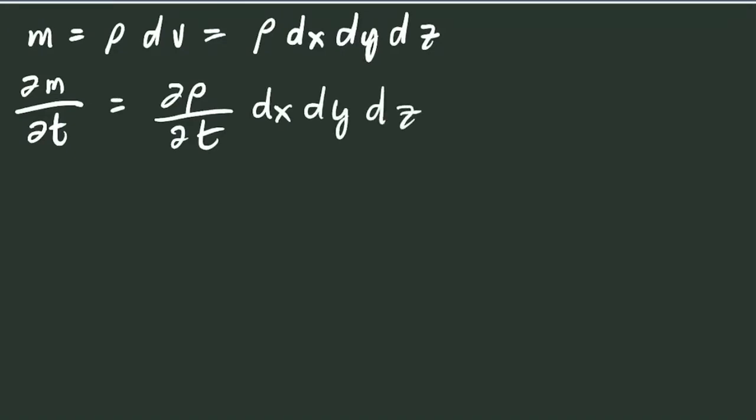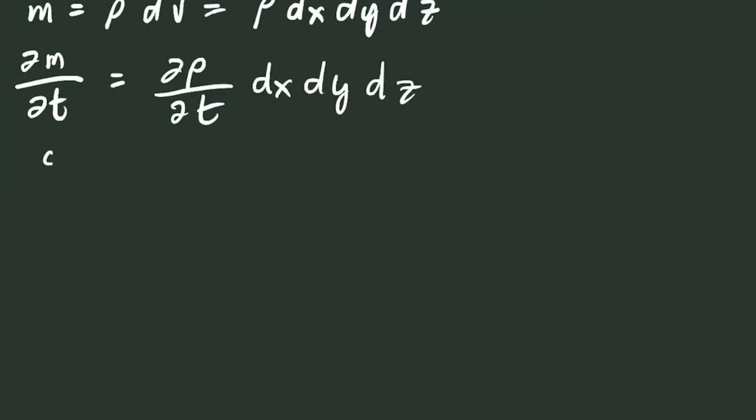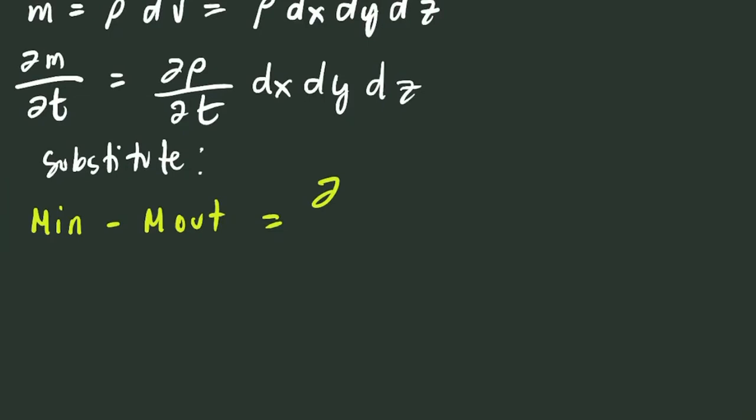Now we want to substitute your m in minus m out is equal to change in m over change in t.